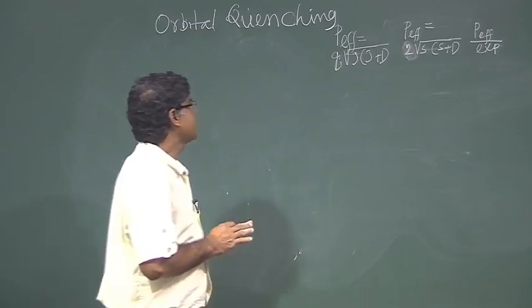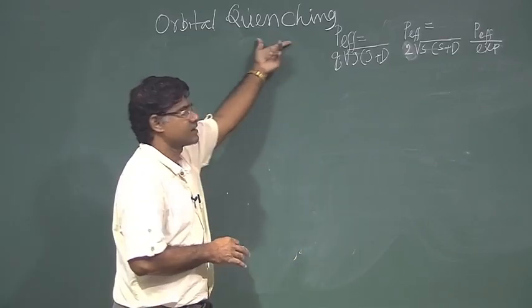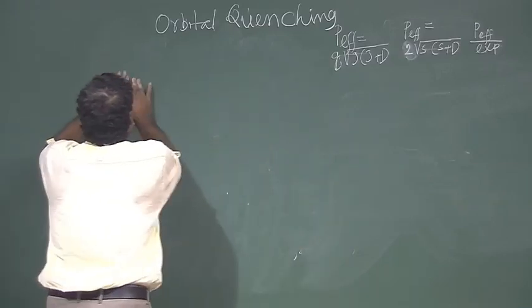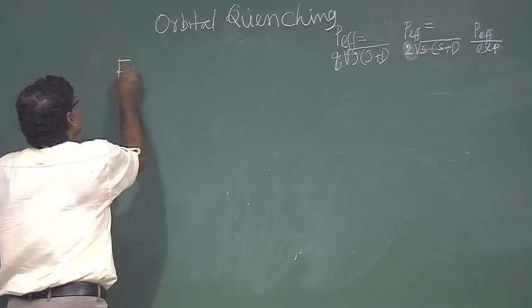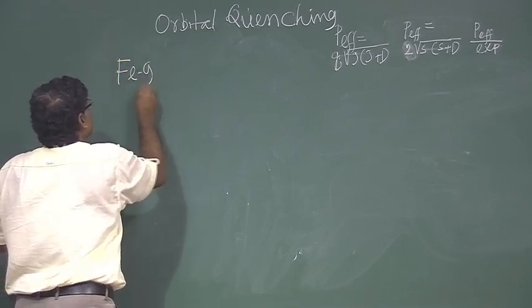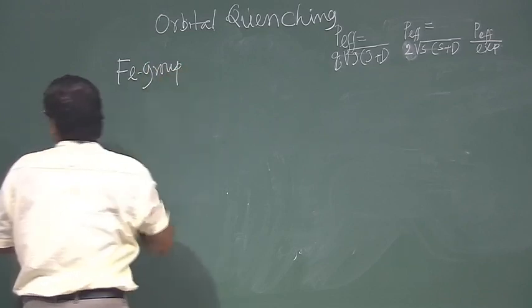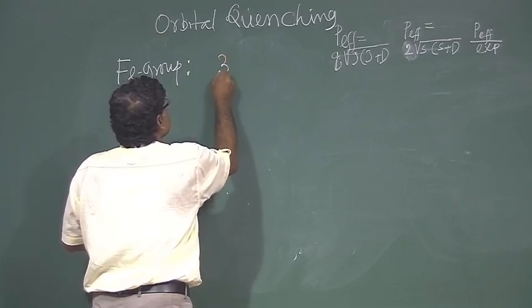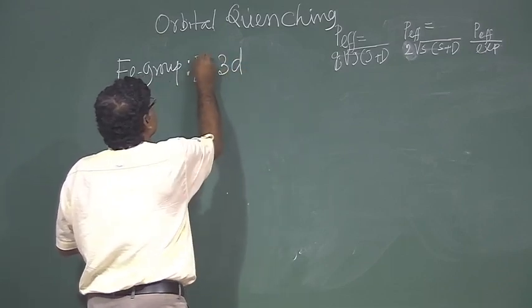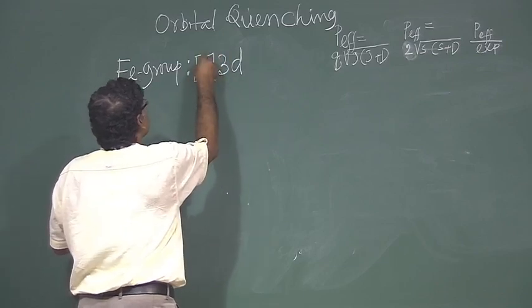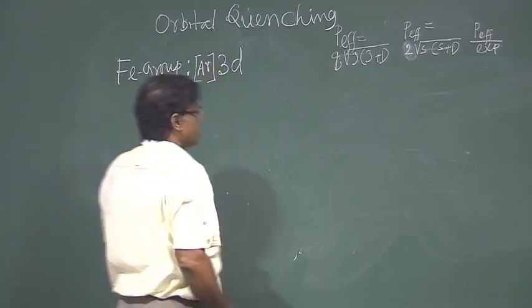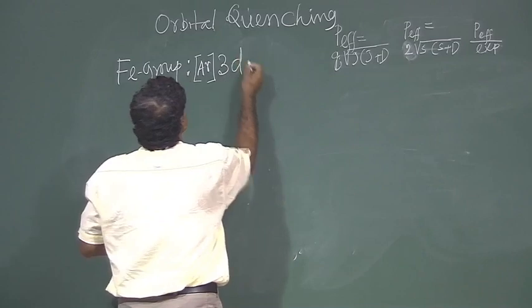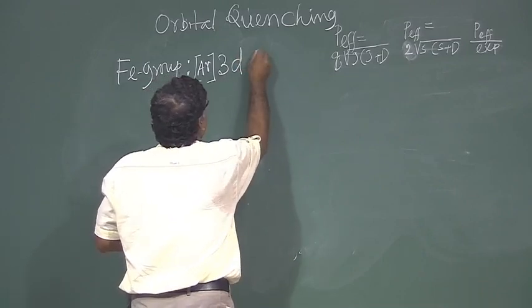Now what is the reason behind it, why is the orbital quenched? If you see the iron group, the electronic configuration is argon 3d 4s2.